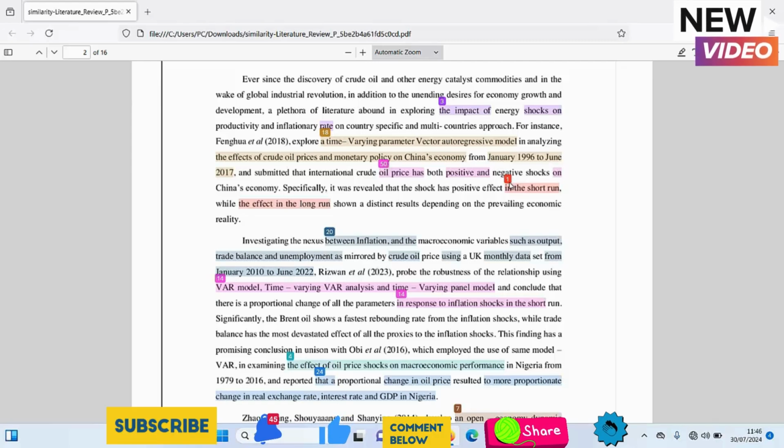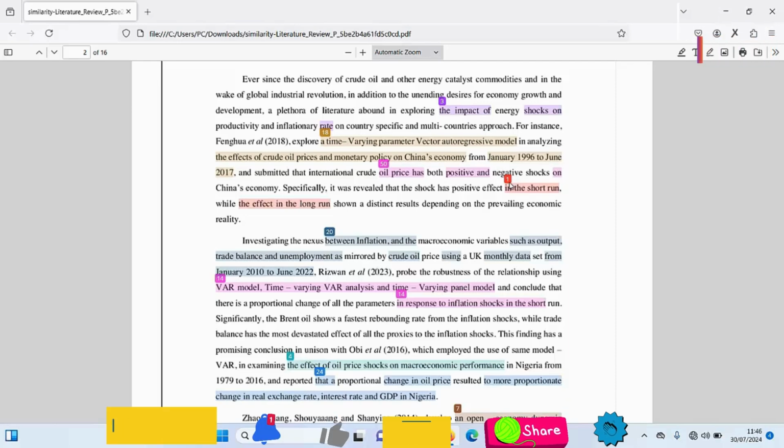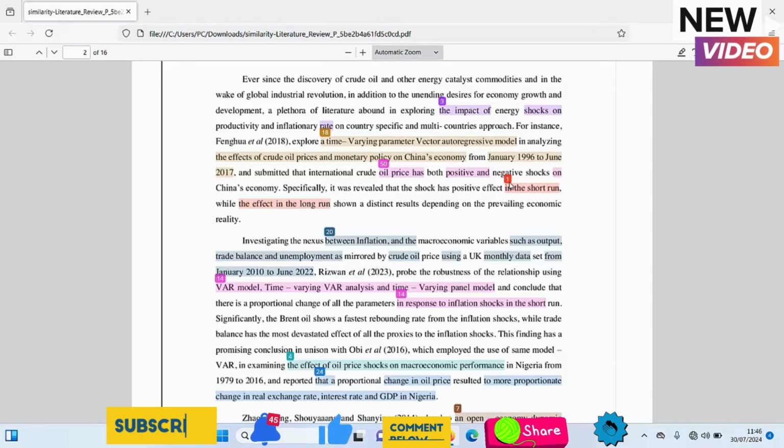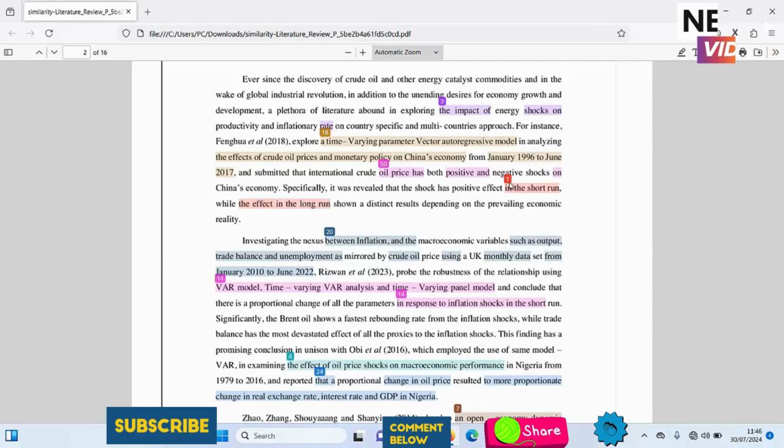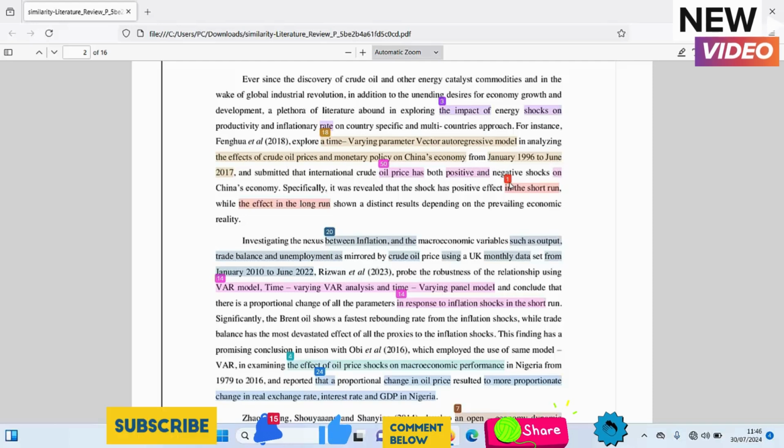What I'm trying to say here is that the different colors mean that there are different websites or sources from which the information in this particular document was obtained. So now your role is to match this color or number with the sources.